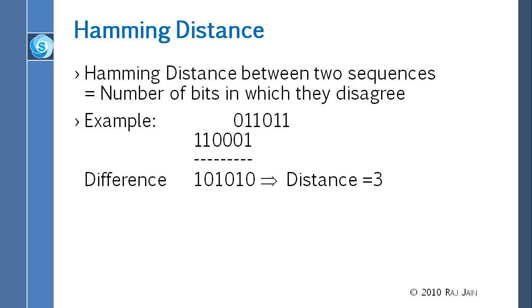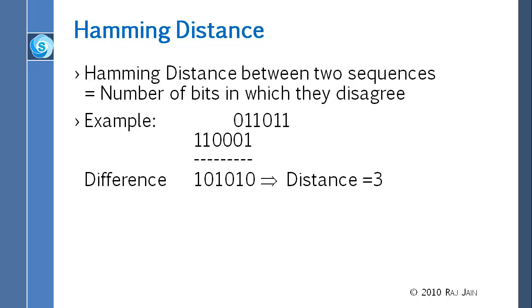So basically, what we do is, we do exclusive OR of what was sent and what was received, and then we count how many ones are there in that exclusive OR. So we sent this, we received that, we do the exclusive OR, bitwise exclusive OR, there is no carry here, right? And then we count the 3 ones.